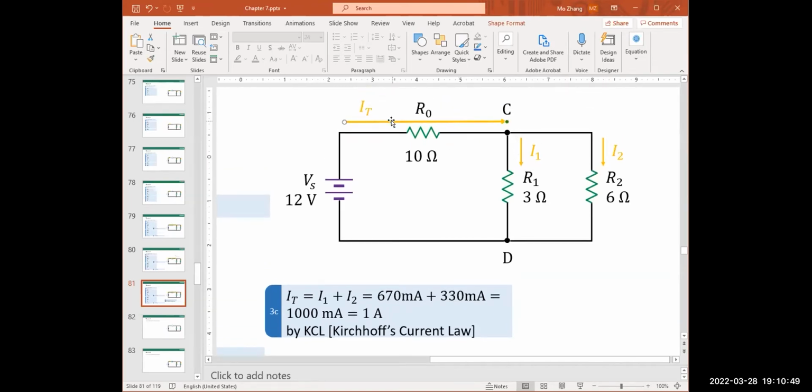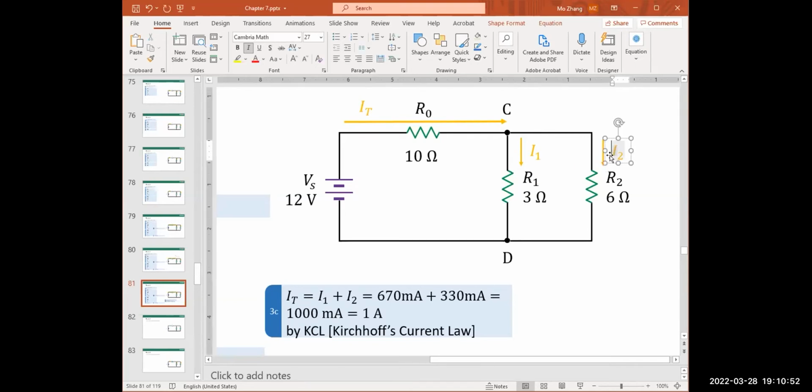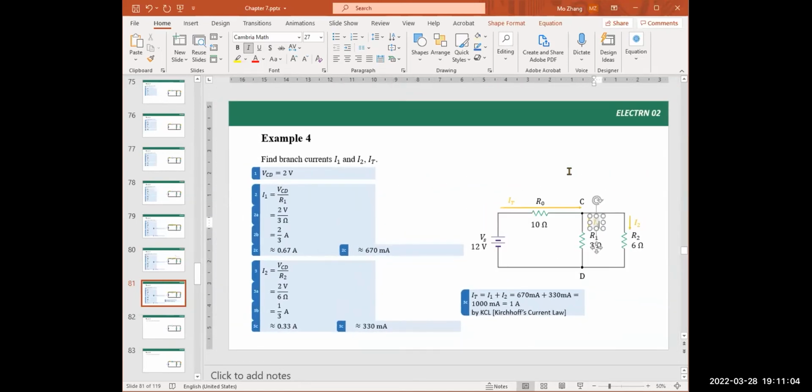Here we got it in example 2. Here we get I1 and I2 using a different method, but the answers matched. So the input current equals all the output currents. The law is Kirchhoff's current law, also called KCL.